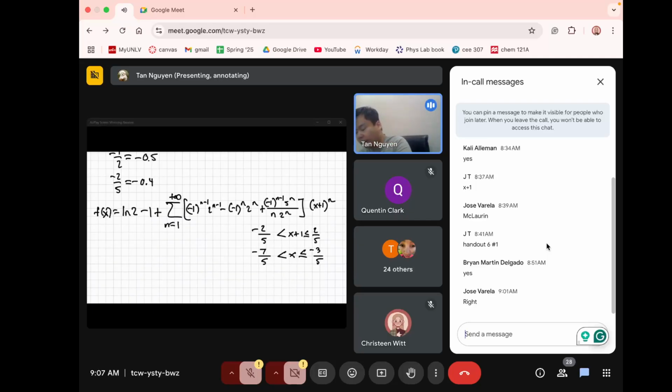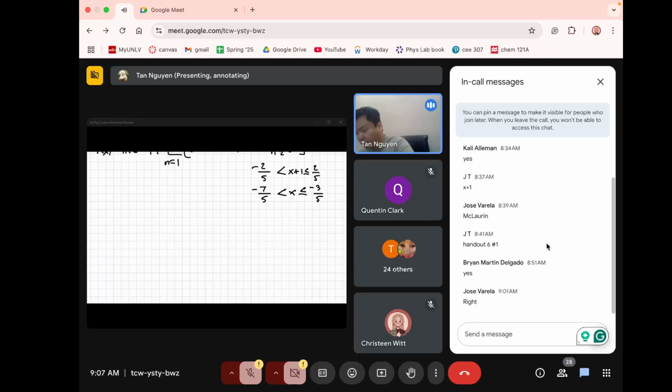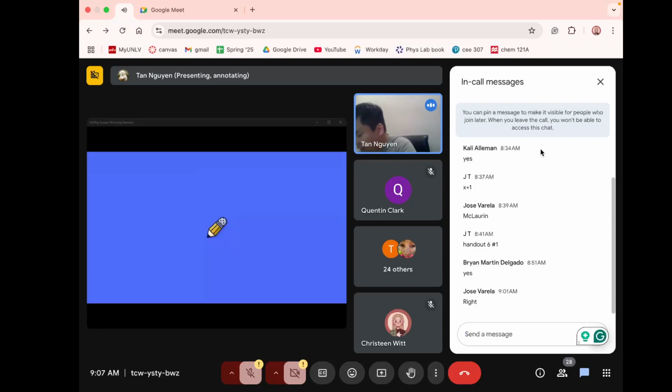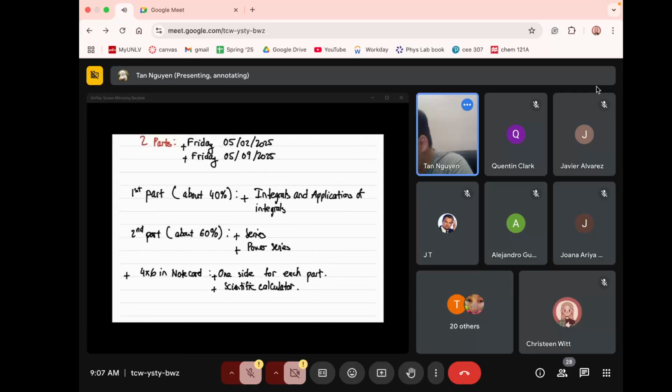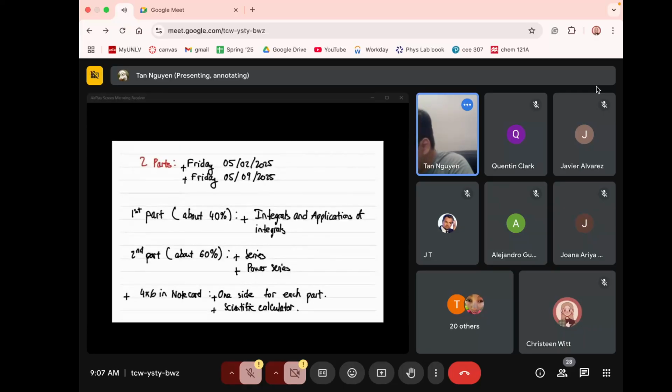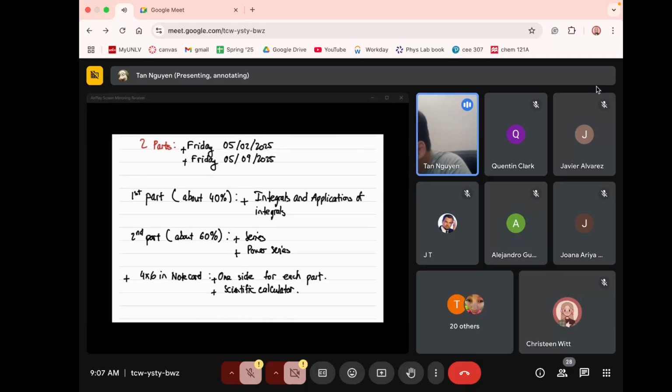Also, there's something that I need to clarify as well. So let me go back to the final exam information. I wrote about this before. So there are some small changes. This range is from 30 to 40%.